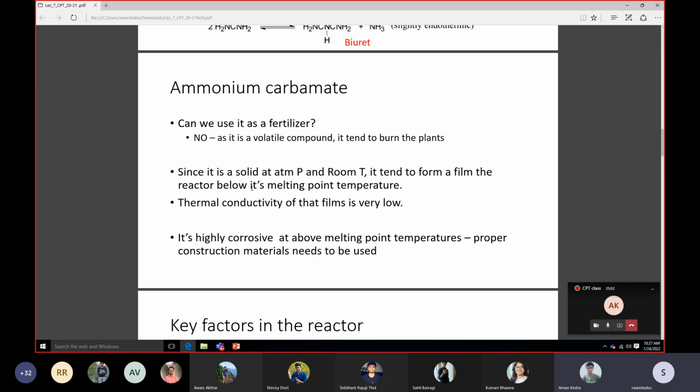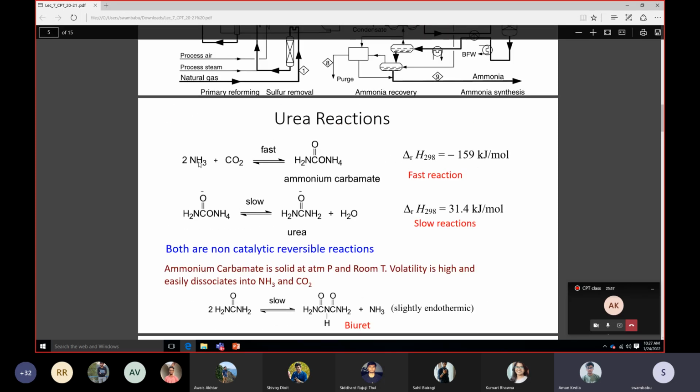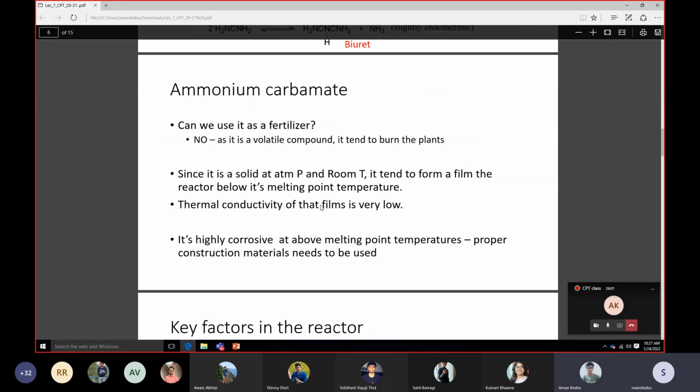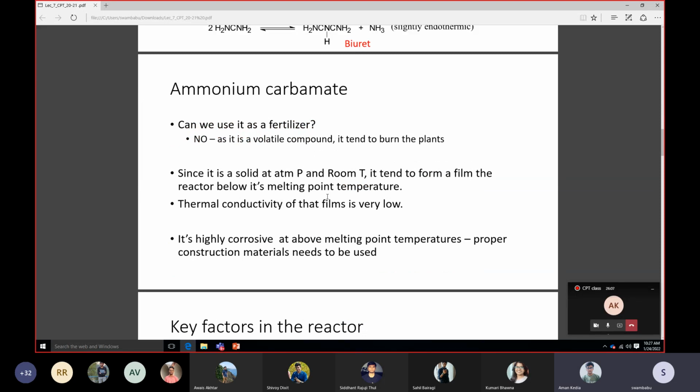So that means although the first reaction needs to be operated at low temperature, we cannot operate at very low temperatures. Why? If you operate below the melting point temperature of ammonium carbonate, it tends to form as a film.